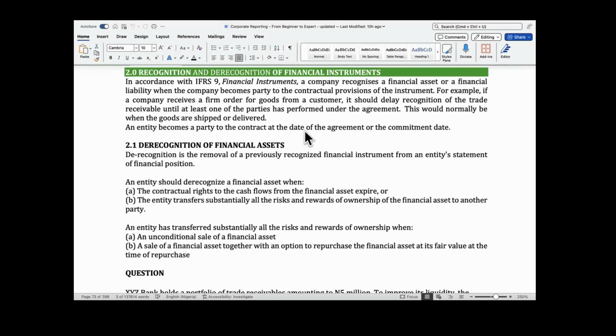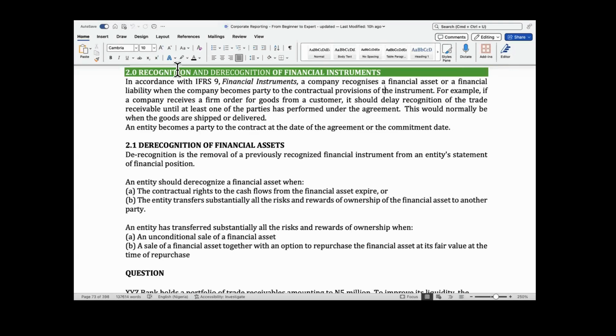Recognition and derecognition of financial assets or financial instruments. So let's start with recognition. By now you should be familiar with recognition, which is recording or including an item in the financial statements.